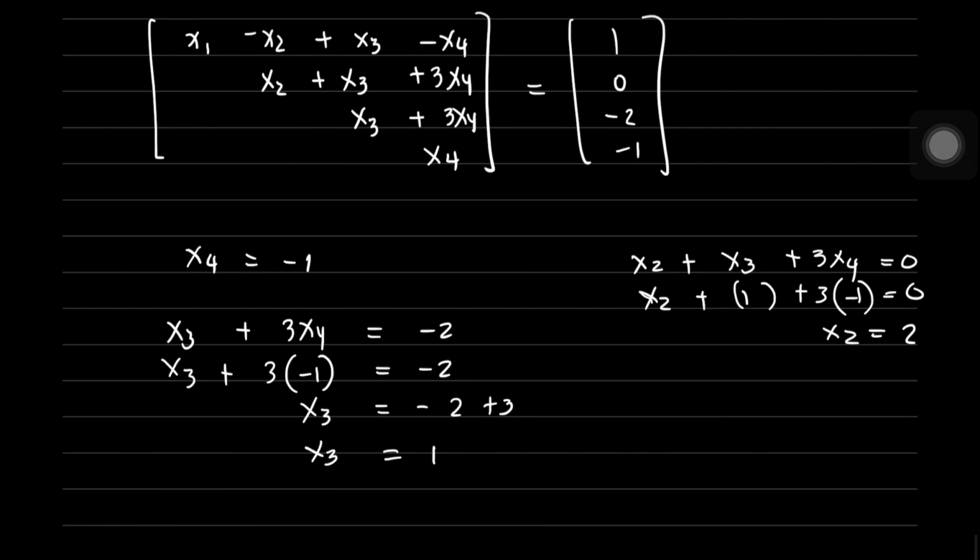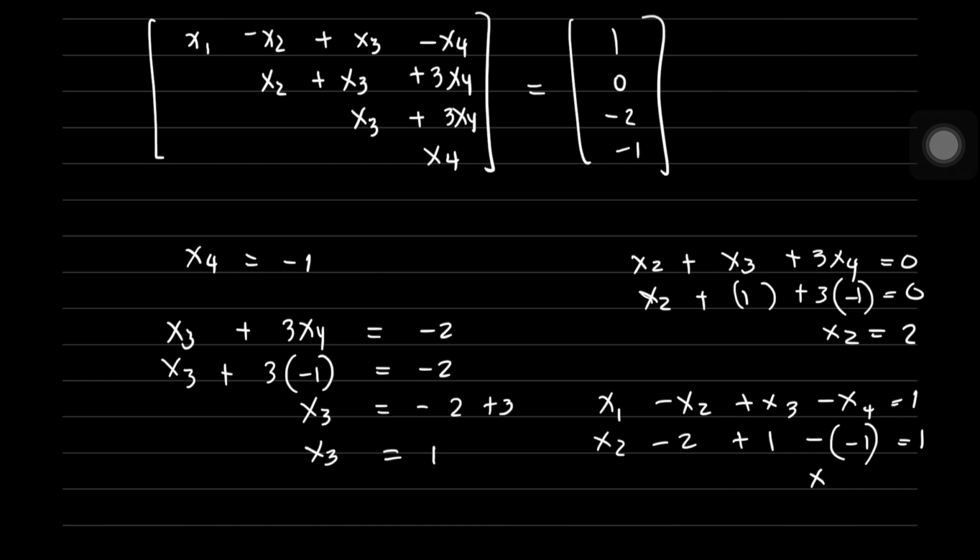And lastly, solving for x1, we have x1 minus x2 plus x3 minus x4 equals 1. x1 minus x2, so that's equal to 2, plus x3, so that's equal to 1, and then minus x4, so that's equal to negative 1, equals 1.